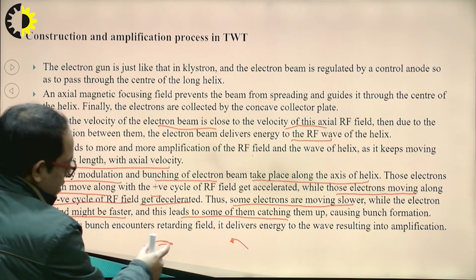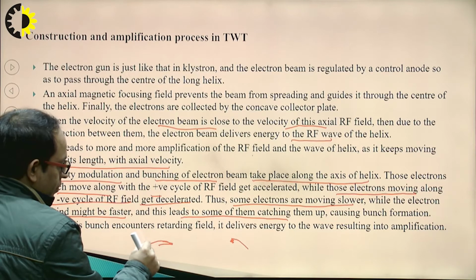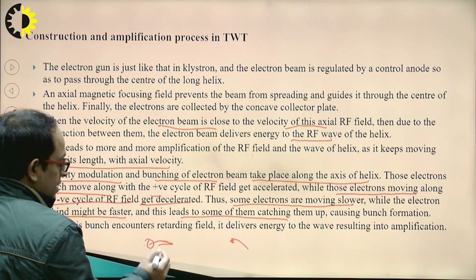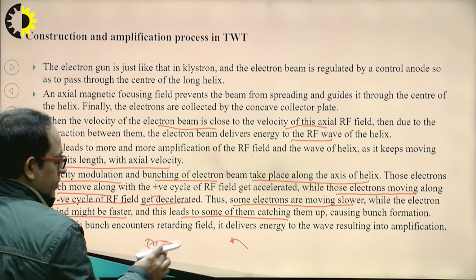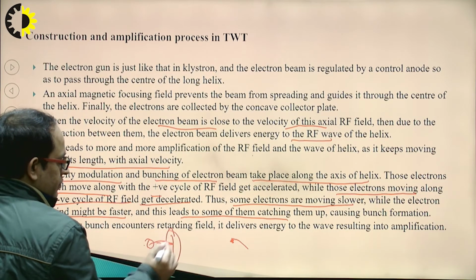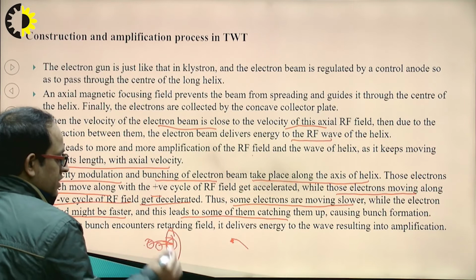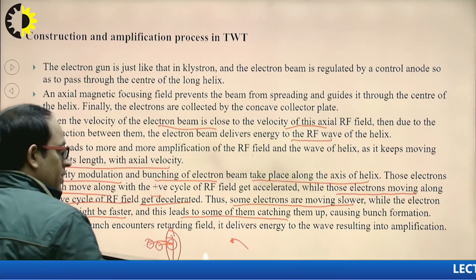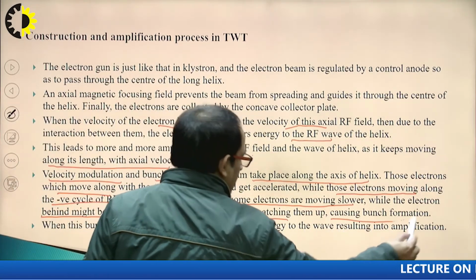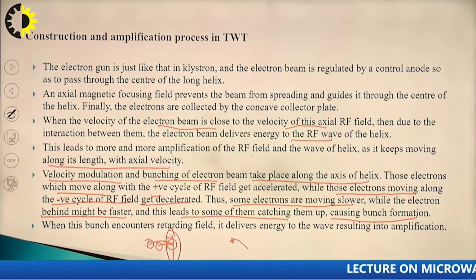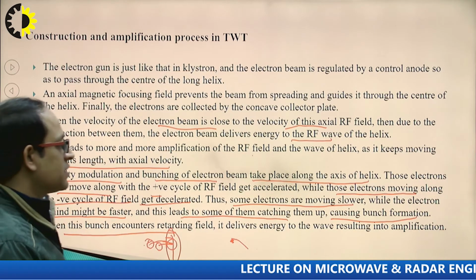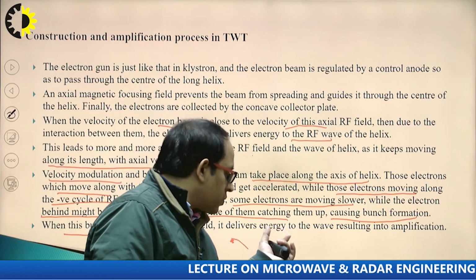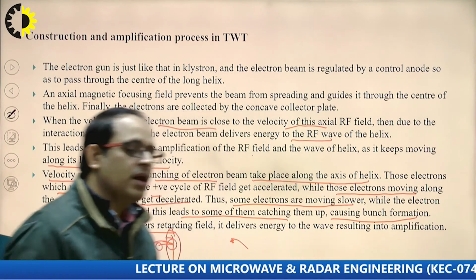At the same time the faster one will cover maximum distance and the slower one will cover less distance. So at some point the electrons converge, and that is what causes the bunch formation. When this bunch interacts with the retarding field, it delivers its energy to what? To the wave, resulting in the amplification.